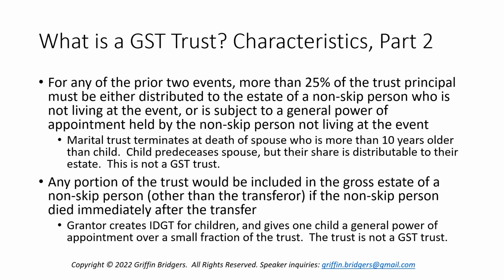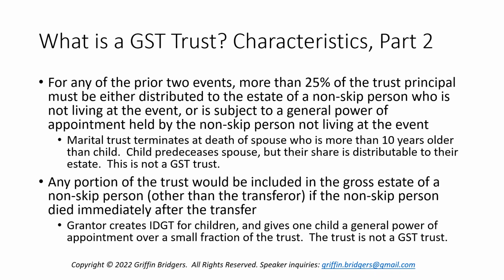Now, looking back at the prior two events, if you have a situation where maybe the child has that right to get more than 25% distributed or withdrawn, if the child predeceases that event or has a general power of appointment over that portion of the trust at their death, then that will not be a GST trust.